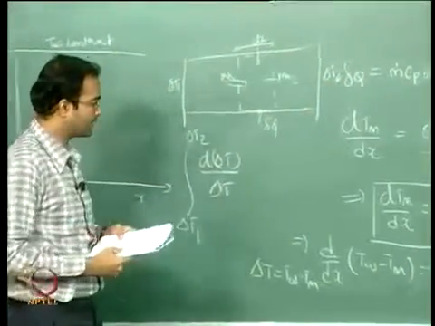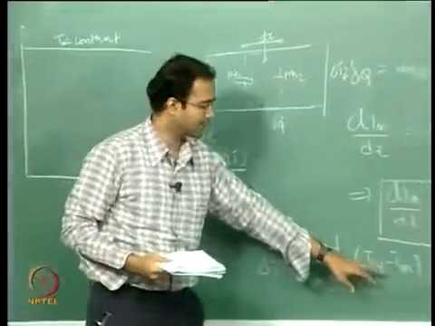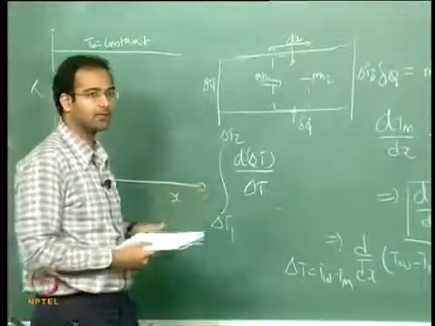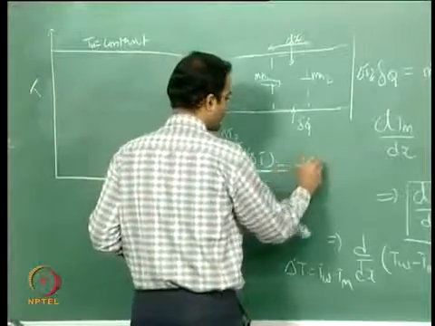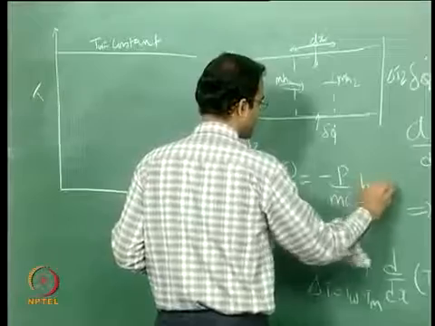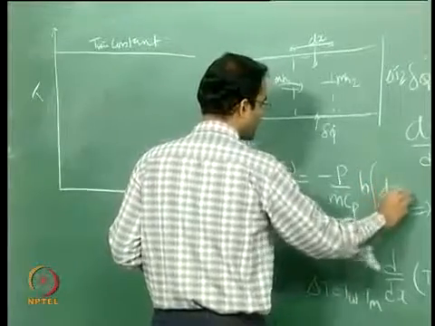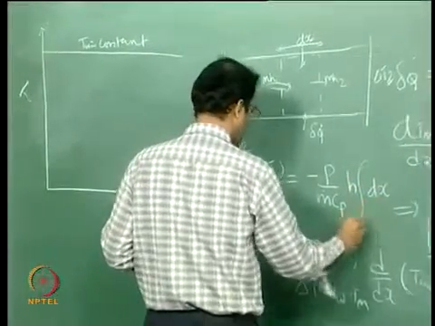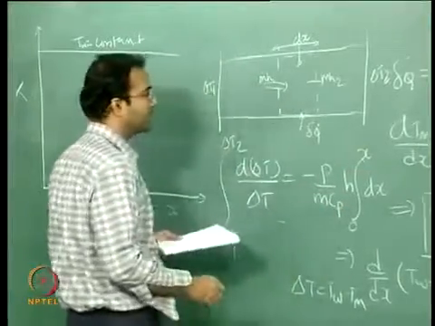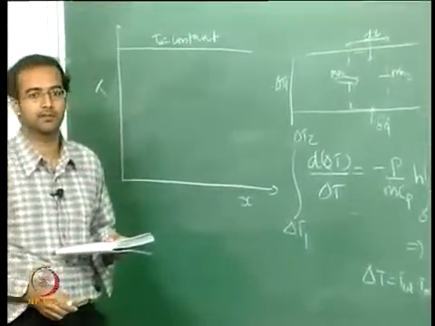Once I have an equation for this temperature difference, T wall minus T mean, I can just simply integrate it from the inlet to the outlet, so that this should be equal to minus P by m dot Cp into H dx. So this I integrate from 0 to your entire length, or whichever location you want to find the appropriate temperature difference.